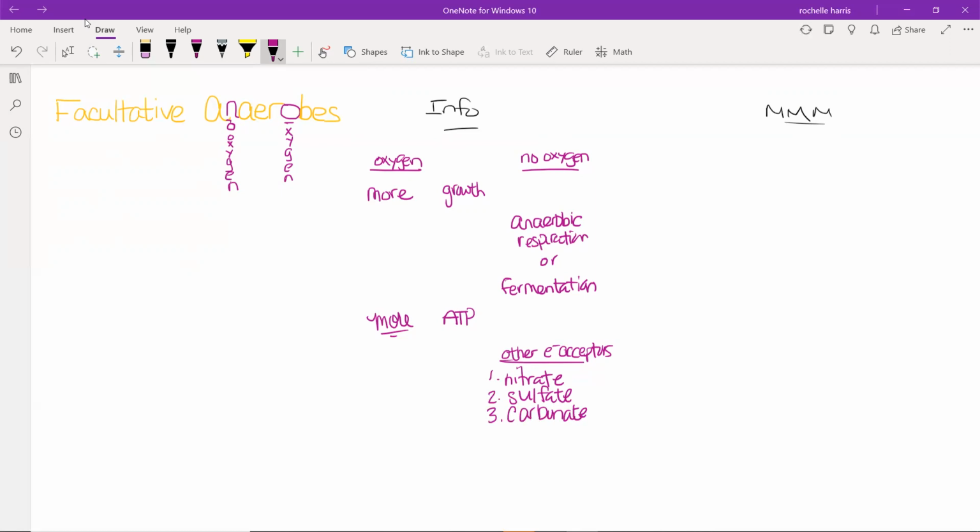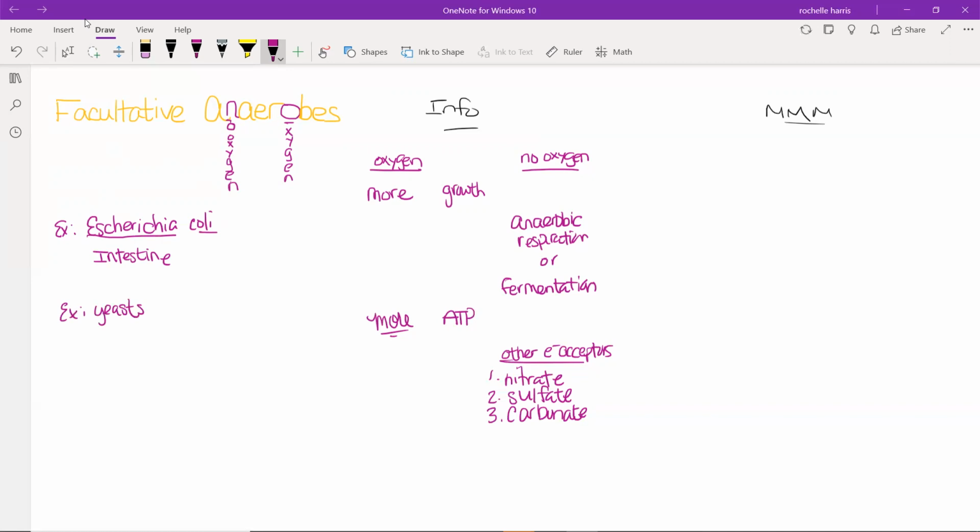For examples, example 1 is E. coli, and you can find them in your intestine. Another example, yeast.